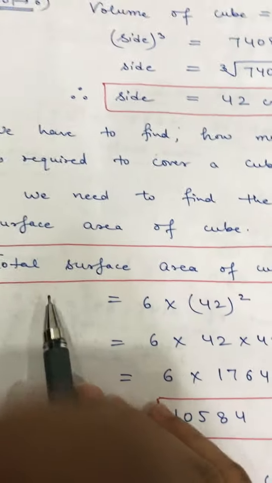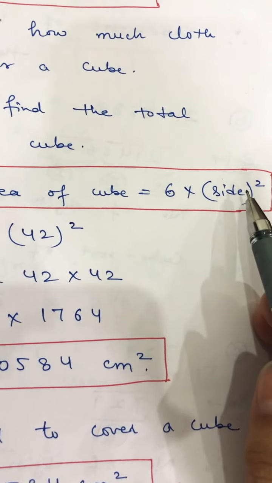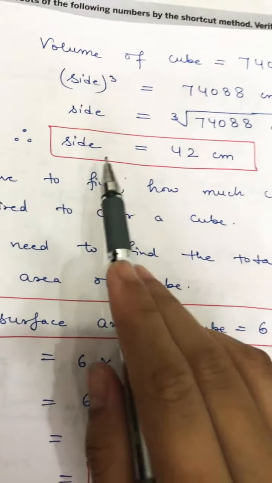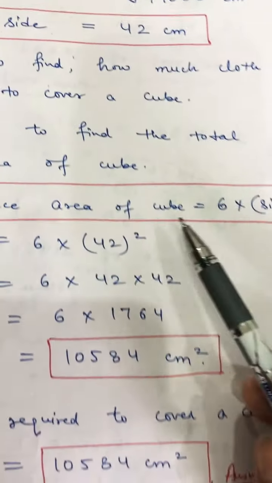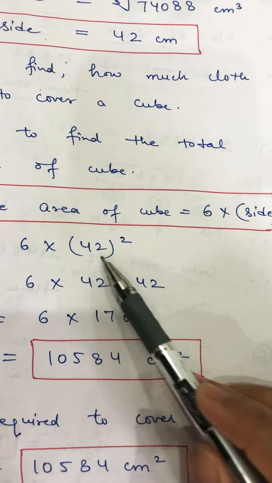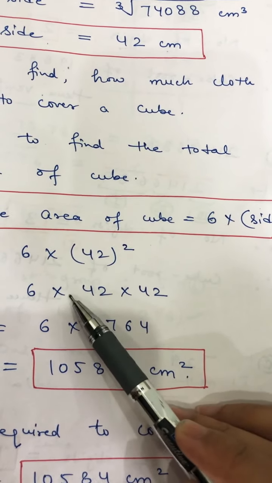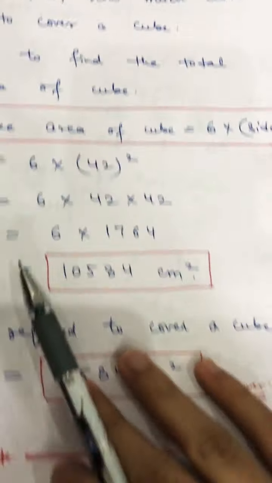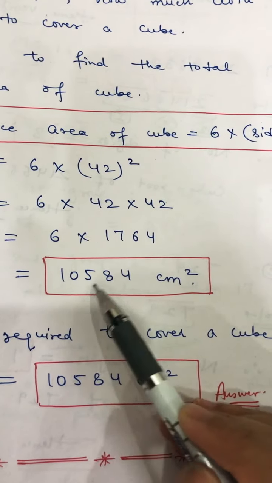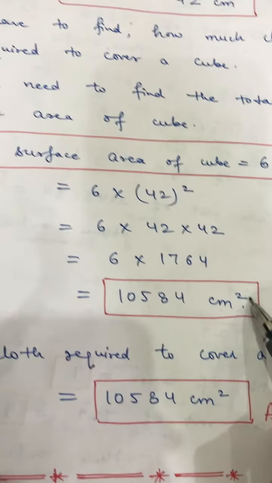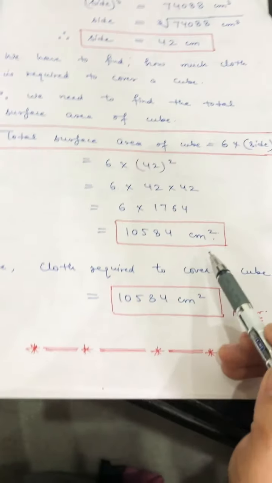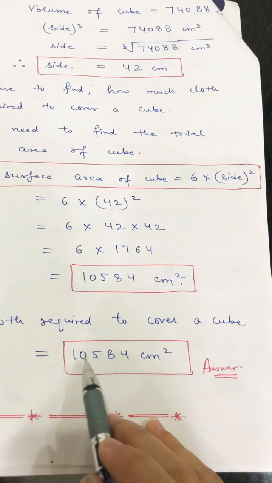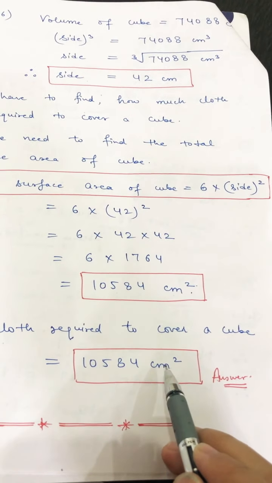So write 6 multiplied by 42 whole square, meaning 42 multiplied by 42, which is 1764. Multiplied by 6, that is equal to 10584 centimeter square. So this is the total surface area of the cube, which means the cloth required to cover the cube is 10584 centimeter square.